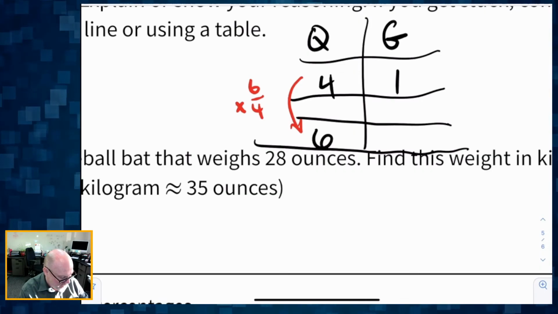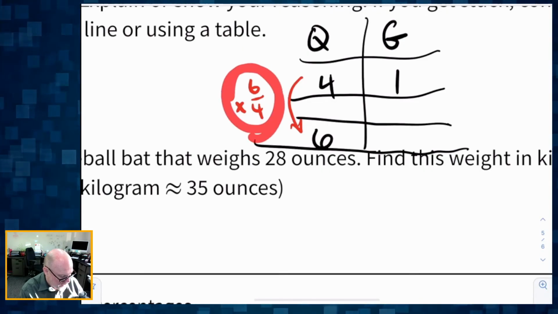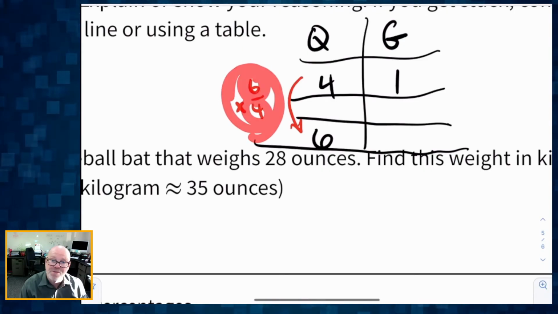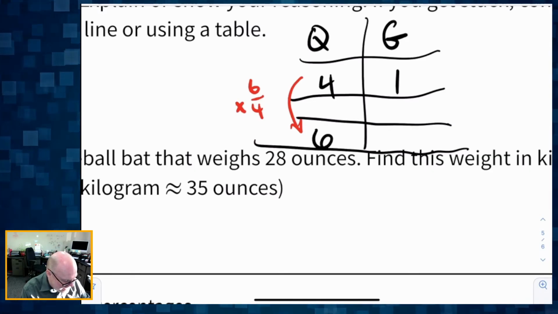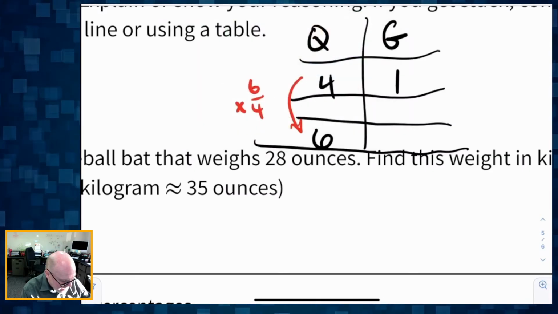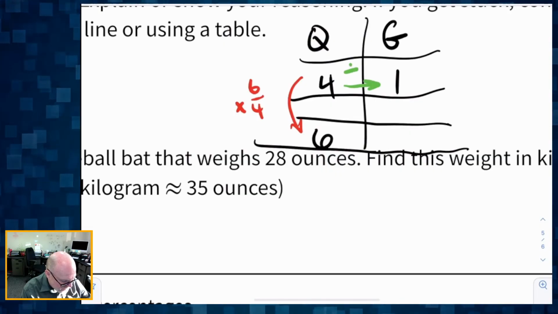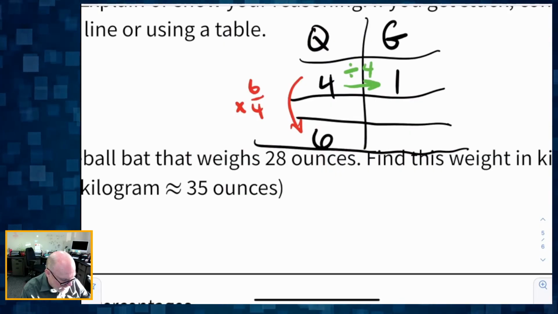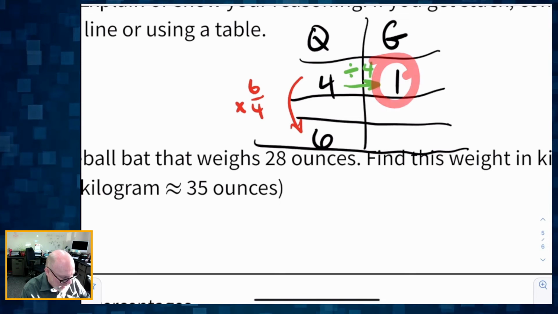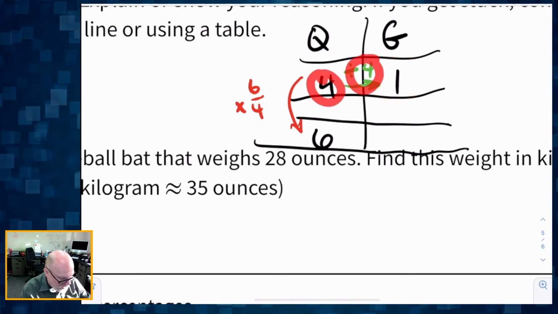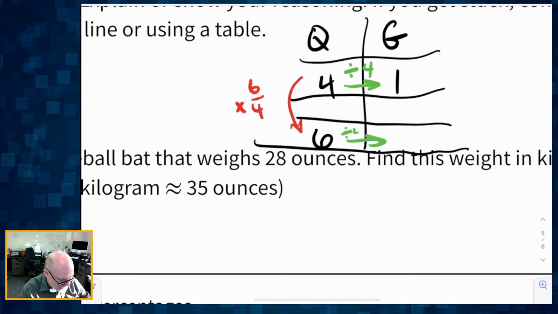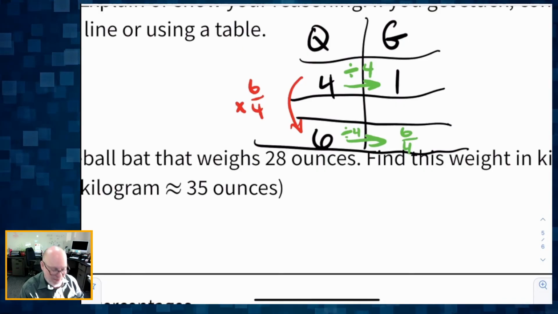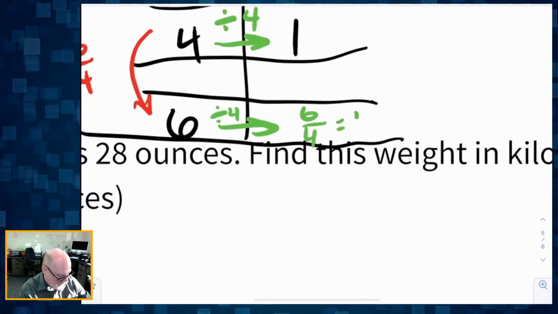So what does that mean? That means we are dividing 6 by 4. That's what that 6/4 is. Another way to see it is, look at this: 4 quarts gives me 1 gallon, so 4 divided by 4 gives me 1 gallon. So 6 divided by 4 gives me how many gallons I'm supposed to have. And 6/4 is equal to 1.5.